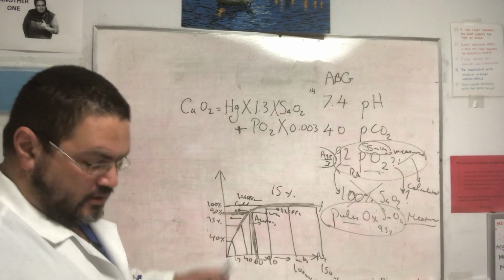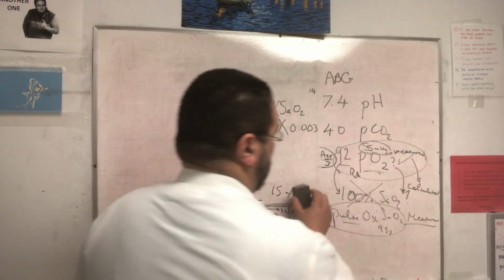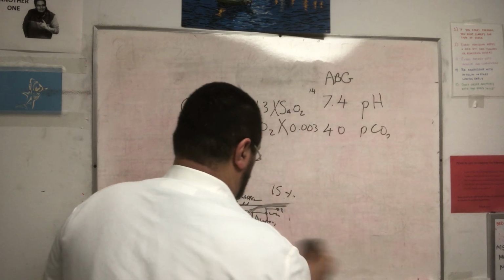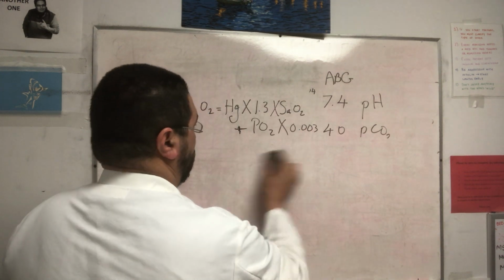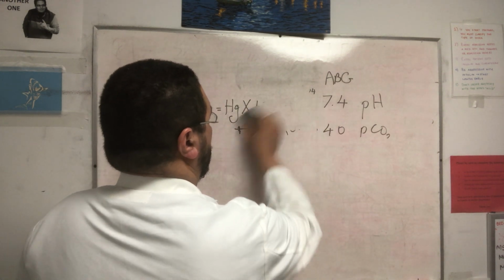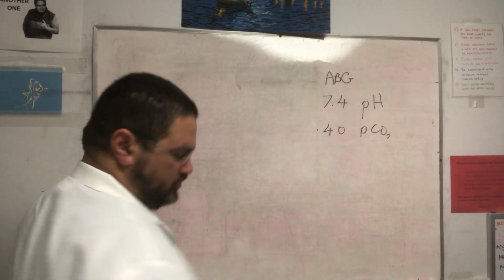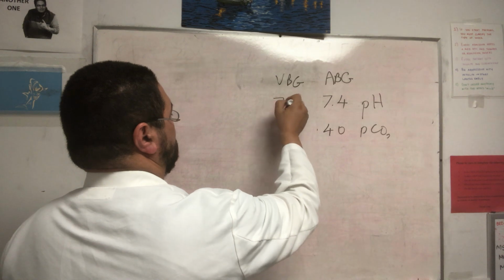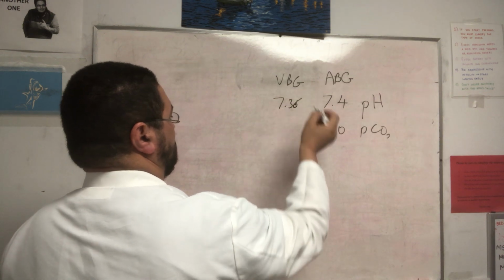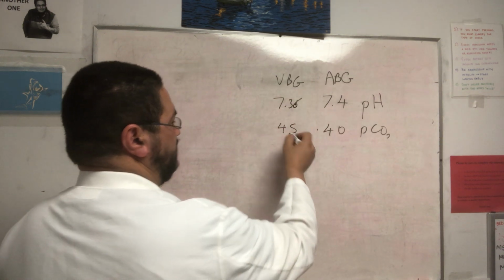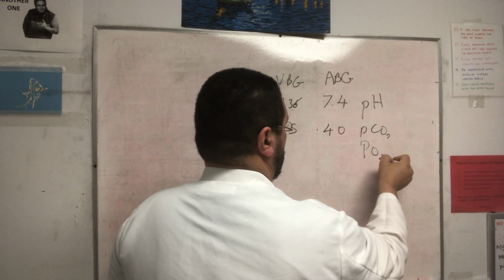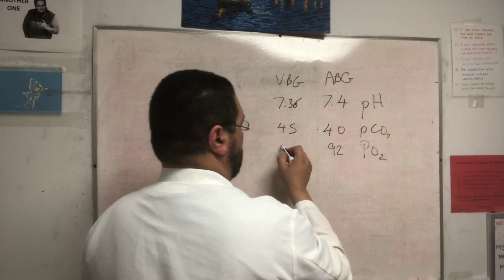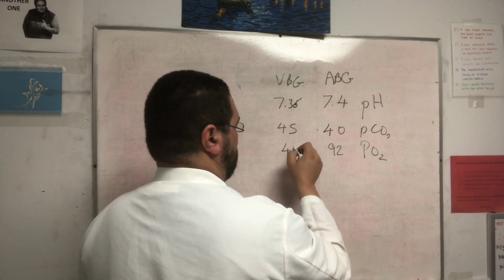So that's why, going back to our question again, we talked initially about the easy part of VBG and ABG, and we said the VBG pH is 7.36 and PCO2 45. PO2 we said 92 millimeter of mercury, and this one is 40.